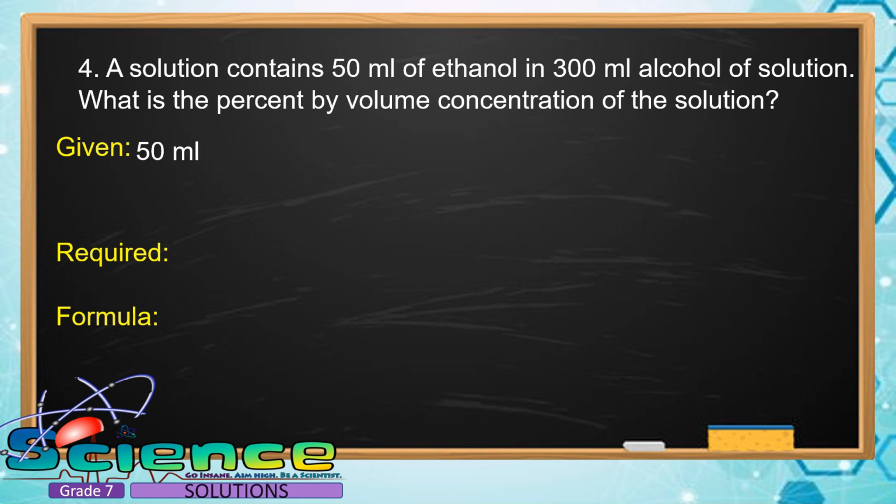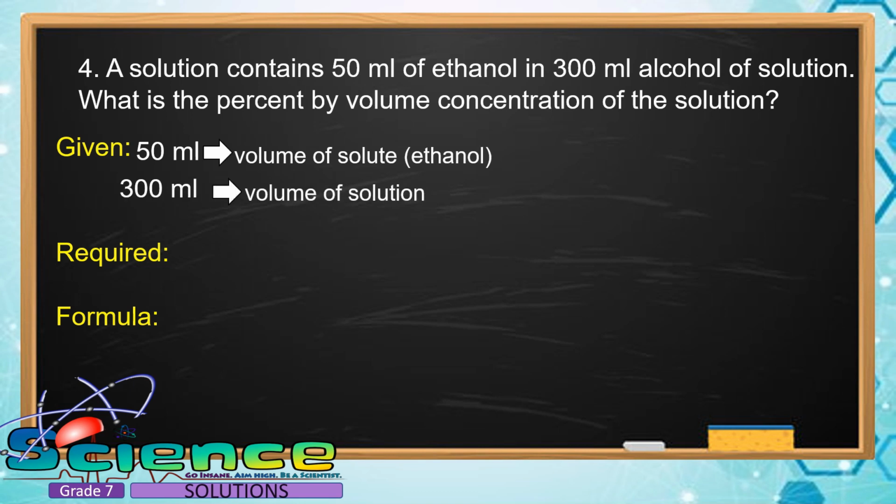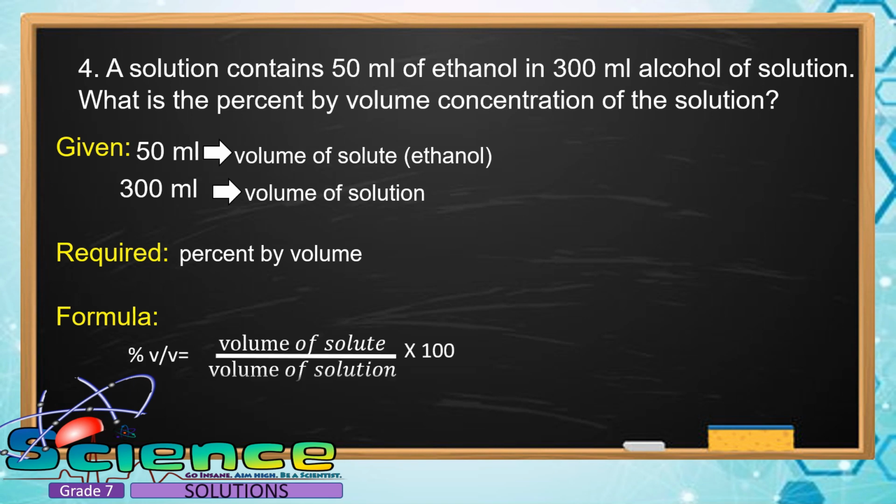The given are 50 ml as the volume of solute, 300 ml as the volume of solution. What is being asked is percent by volume. The formula that we are going to use is percent by volume is equal to volume of solute over volume of solution multiplied by 100.